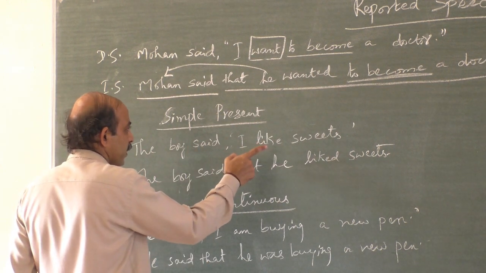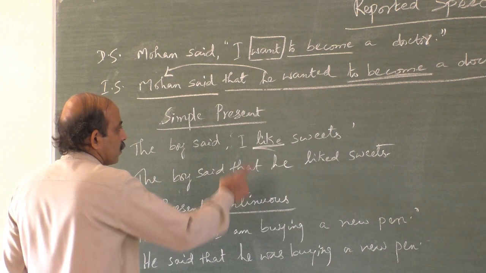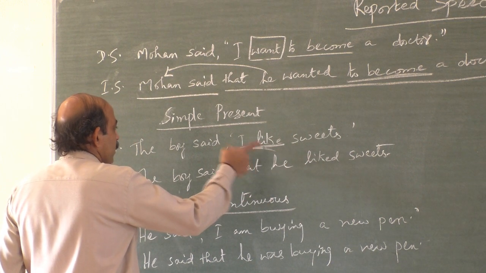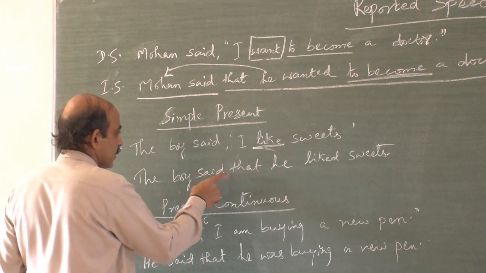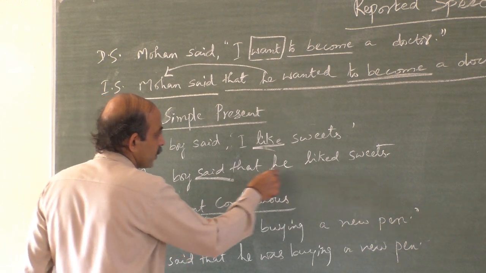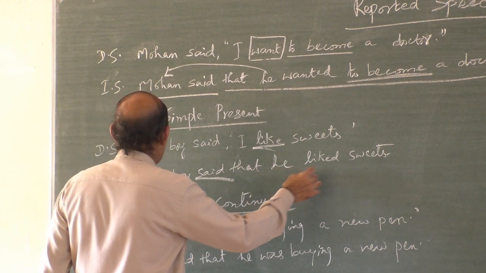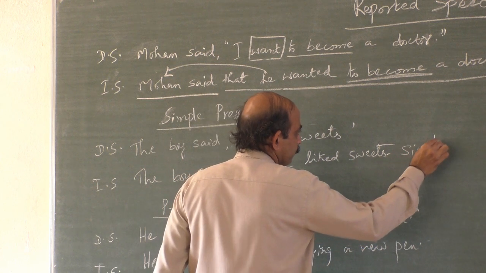The boy said, "I like sweets," simple present, and the main verb like, it is a statement. And the same: the boy said that, introductory verb or reporting verb, that he liked sweets, changed to simple past.